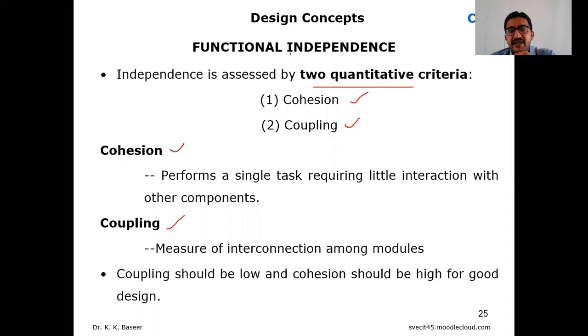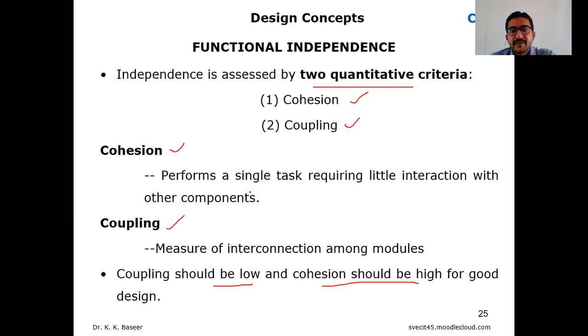So functional independence requires more interaction or less interaction between the modules? Obviously, it is less interaction. So who is providing less interaction? Cohesion. Who is providing more interaction? Coupling. So as I stated at the last point, coupling should be low, meaning more interaction should be low, and cohesion should be high for good design.